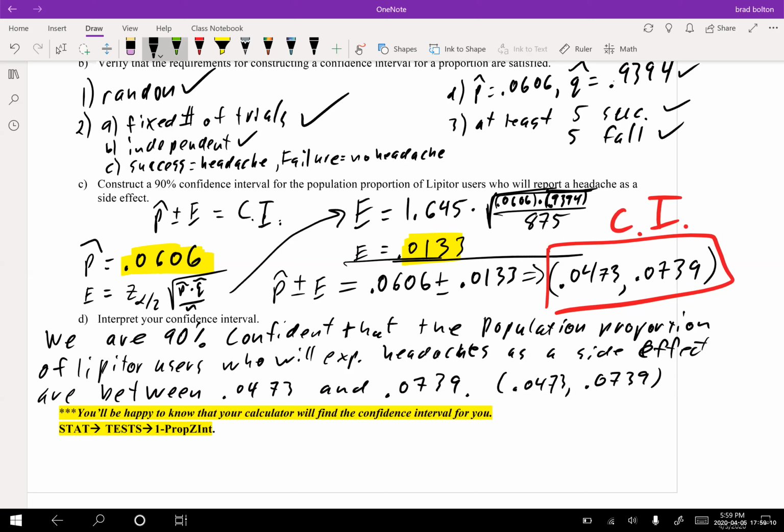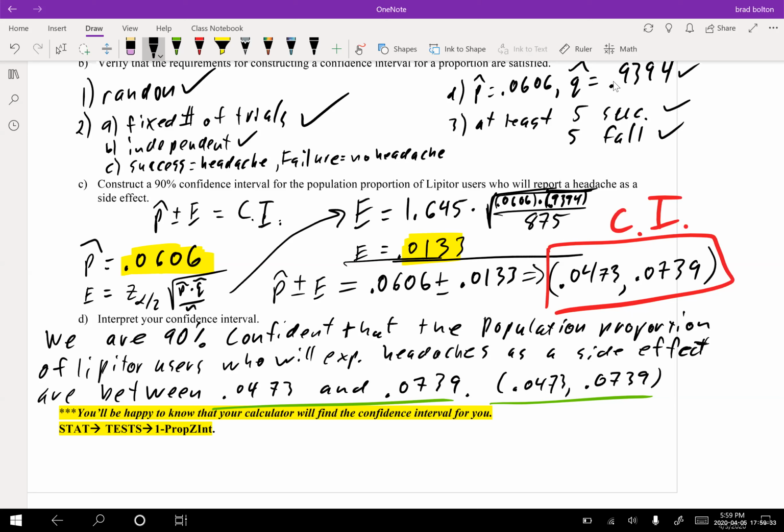I believe I would take either one of those. So this method or this method would be good. But you have to basically use words now. You have to actually explain what you just found. Let me clean this up. As a side effect, are between 0.0473.